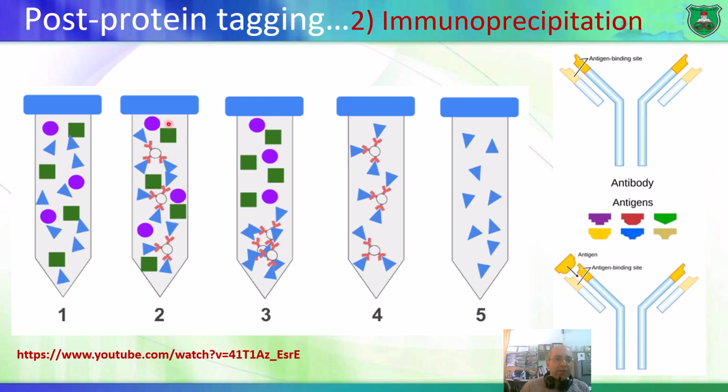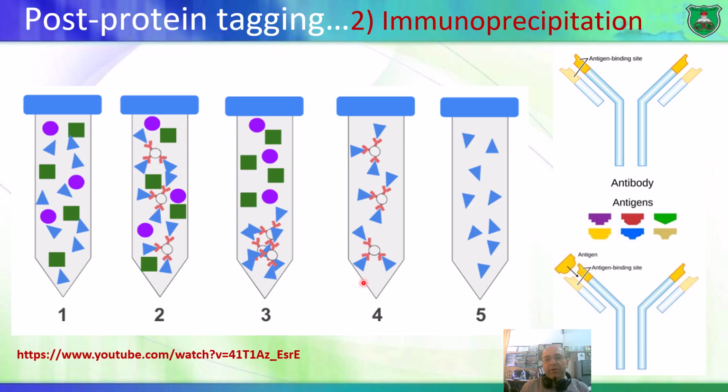Now, when we add these beads to the protein combination, the antibodies will bind to the protein of interest very specifically. These beads are heavy, so they precipitate. They go all the way down, and we can remove all of these proteins, and we would have only the beads with the protein of interest bound to the beads.